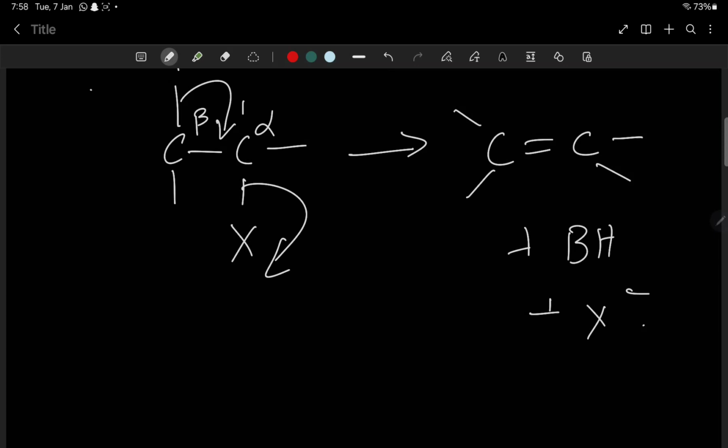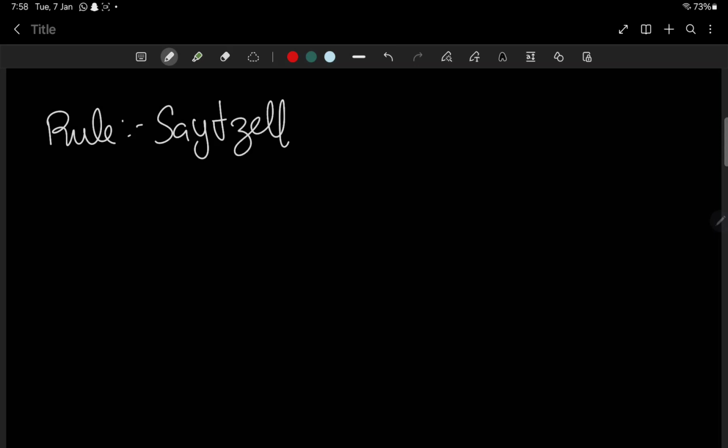Okay, the main rule for the elimination reaction is the Zaitsev rule. It is Zaitsev or Saytzeff, both are acceptable. I am calling it the Zaitsev rule. In NCERT it's given as the Zaitsev rule.